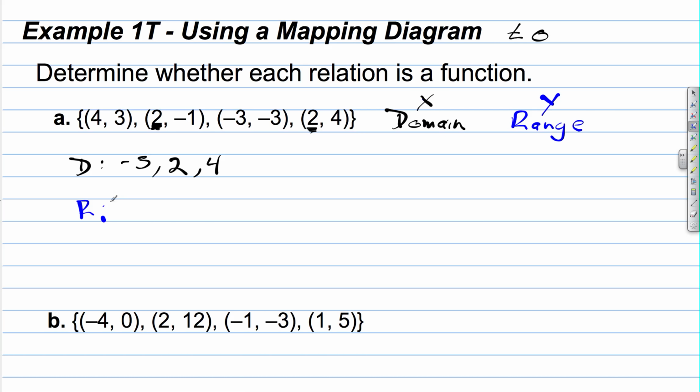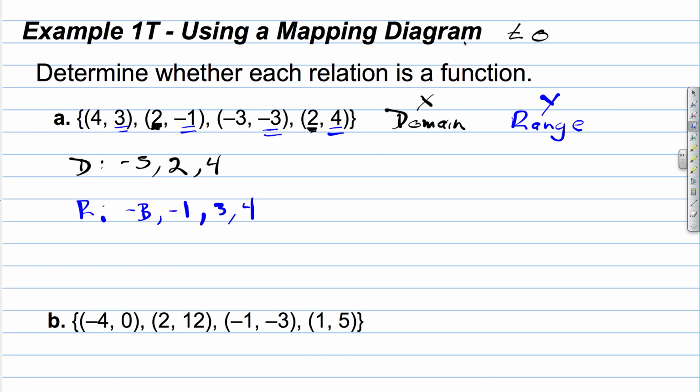We'll repeat that process for our range values, in this case 3, -1, -3, and 4, and put those in order from least to greatest: -3, -1, 3, and 4.